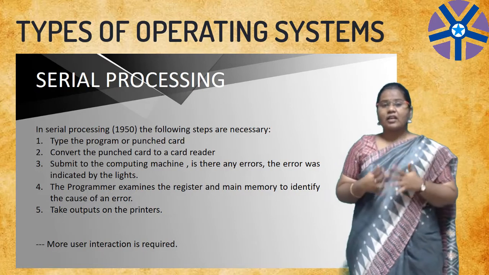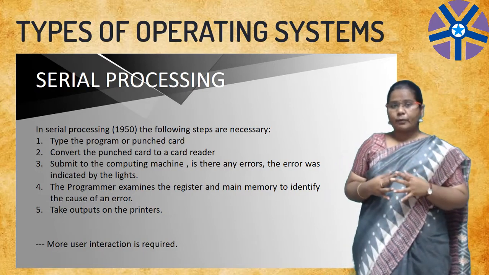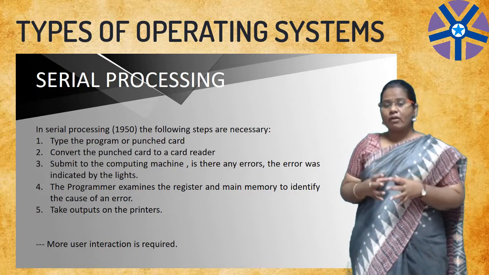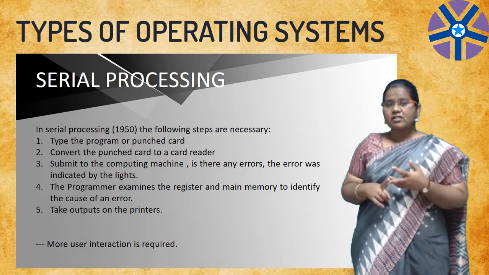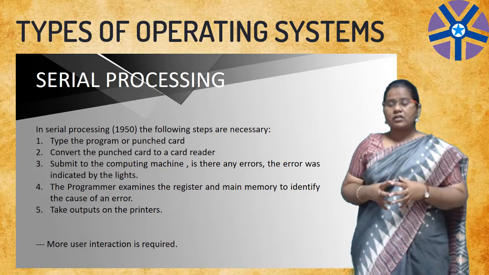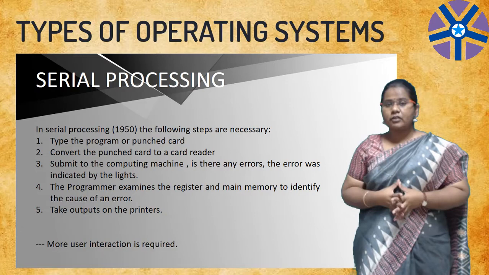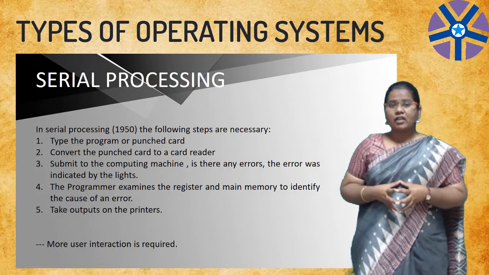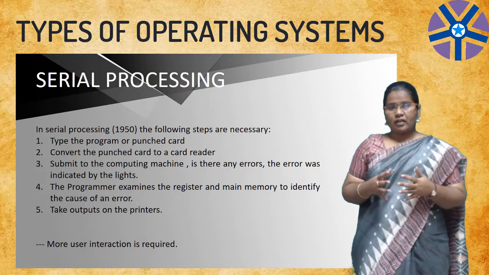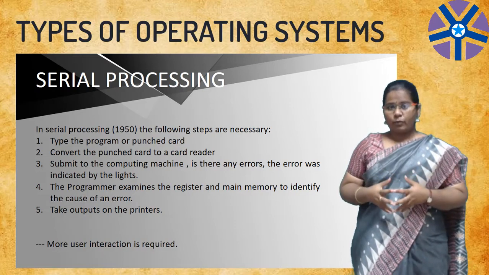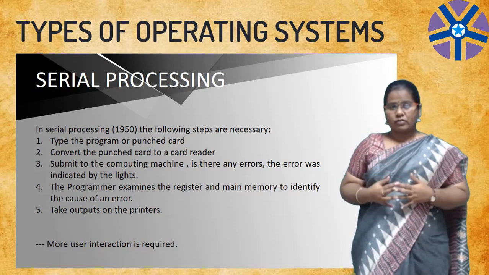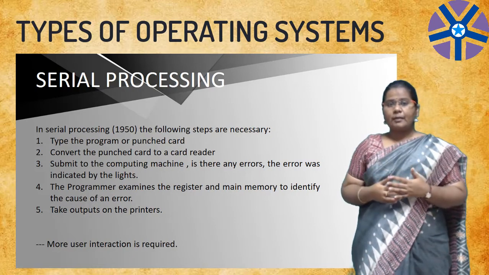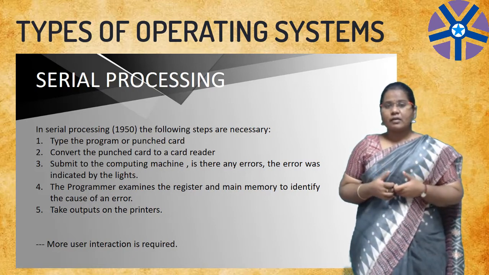In order to execute a program or to perform some specific task, the first thing you need to do is provide an input to the system, and that input is provided by using a punched card. In olden days, there were no keyboard devices or mouse devices. So in order to take input, we need to use the punched card.